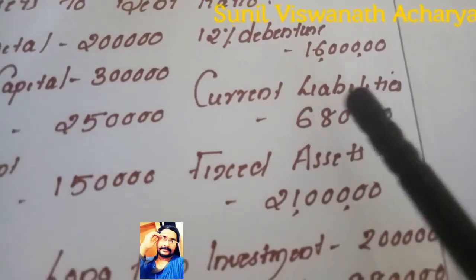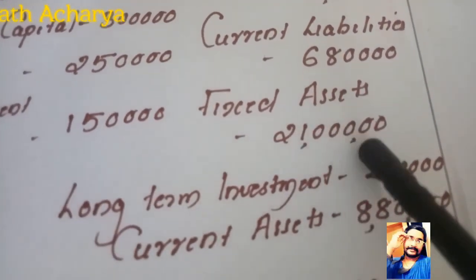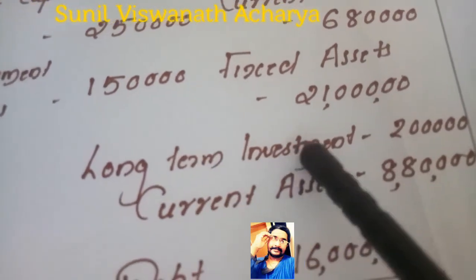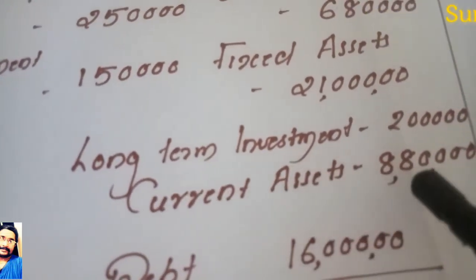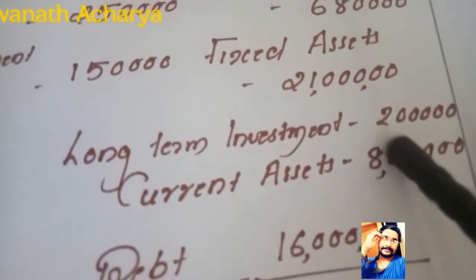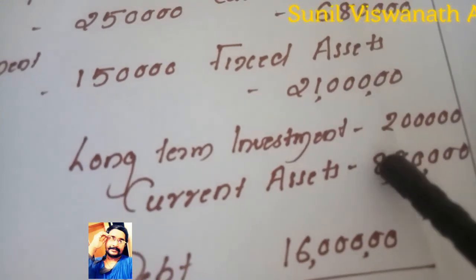Debenture is not an asset, current liability is not an asset. Fixed asset, how much? 21 lakhs. Long-term investment, this is also an asset, 2 lakhs. Current asset, this is also an asset, 8 lakh 80,000. So when you add these three items, we will get the total assets.